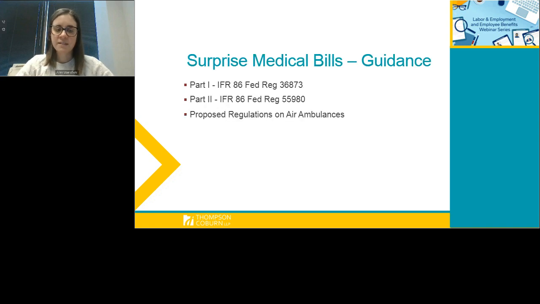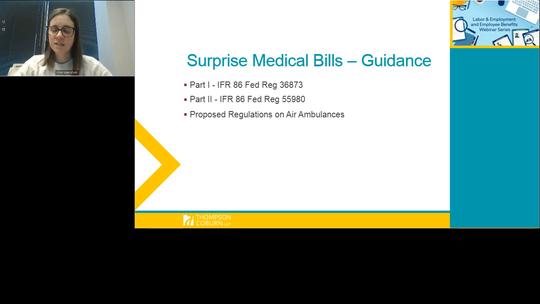There has been some guidance on surprise medical bills. This was passed as part of the Consolidated Appropriations Act on December 27th of 2020. Since then, there were interim final rules published in July of this year, called Part 1 of the interim final rules. Another set of final rules were published in October of this year, and then proposed regulations on air ambulance services were issued in September of this year.